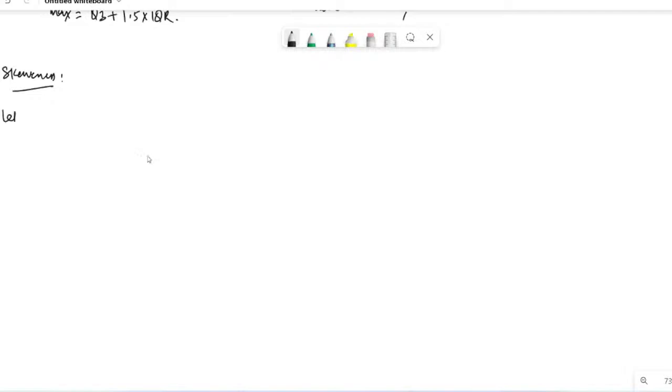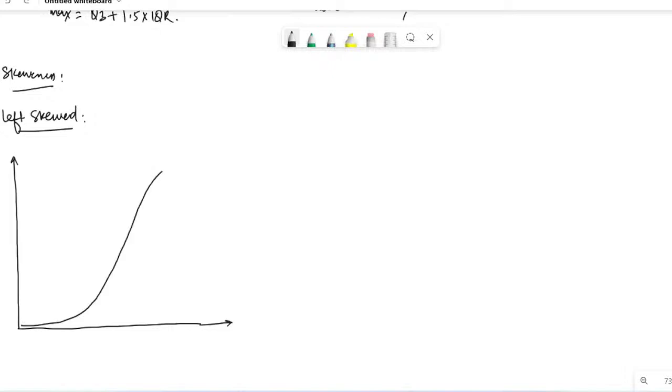Let us start with left skewed. The tail of the distribution decides your skewness. So if you have a long tail towards this side, what type of distribution is this?